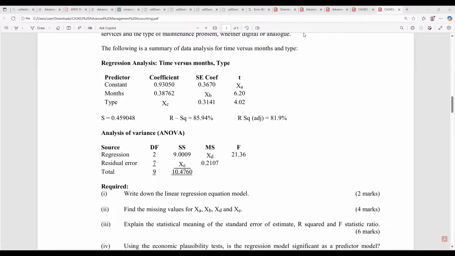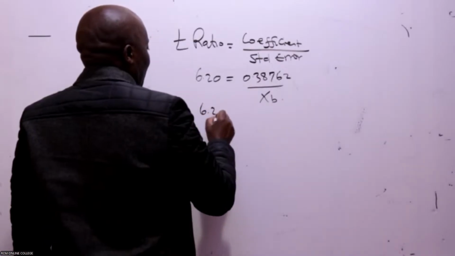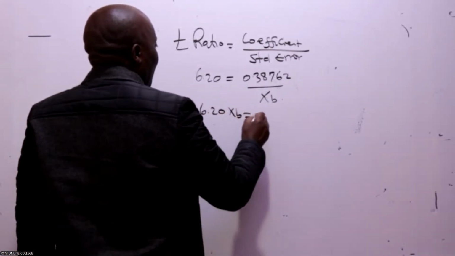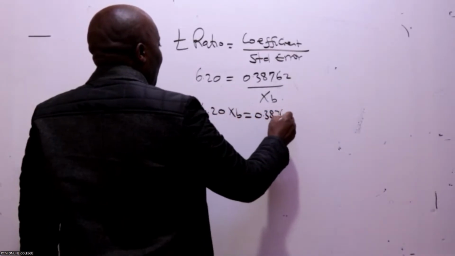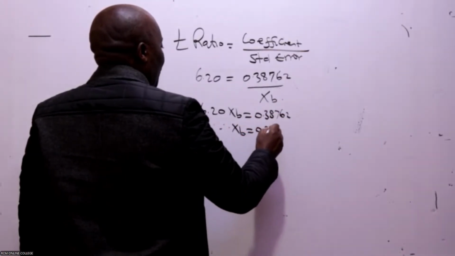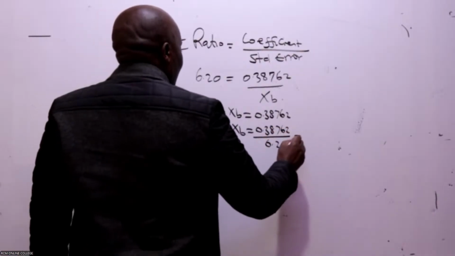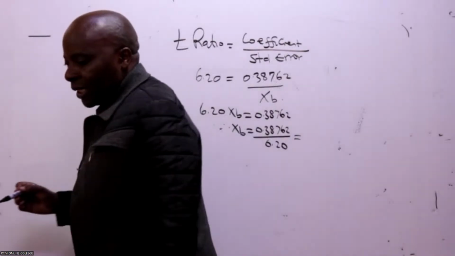Cross multiply, so it will be 6.20 XB equals 0.38762. Therefore, XB will be 0.38762 divided by 6.20.